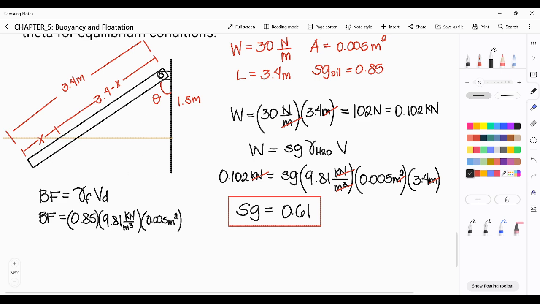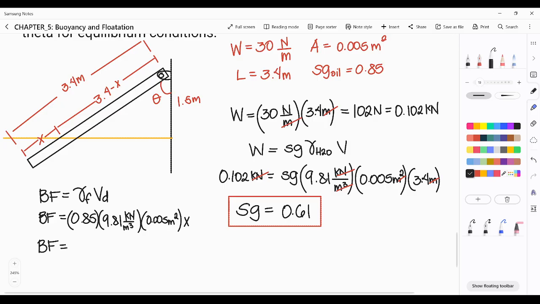And yung nawawala nating x, or yung draft in this case, or yung nakalubog na part ng board natin. So, let's just call that x. Tawagin mo na lang siyang x. So, pag pinindot mo yan, makukuha mo yung buoyant force first. Buoyant force, tapos may x na variable, which is yung length na nakasubmerge.